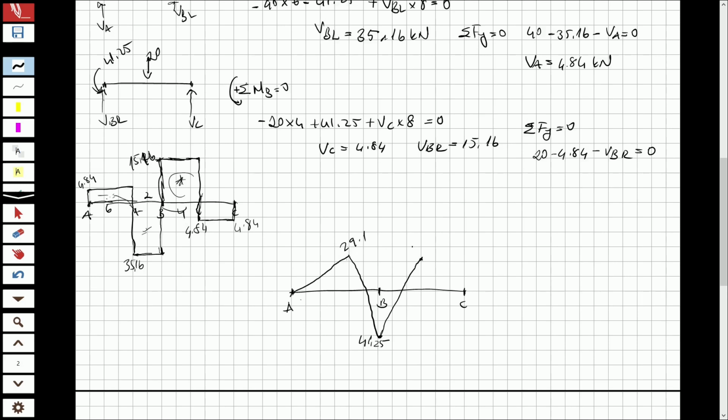For example, this is 19.4, and this is the point that the force acts, the 20 kilonewtons. And that will go to 0 because there is no force. That area, if multiplied by 4, you obtain this value. So the moment at C will be equal to 0 because it is a support and there is no moment.